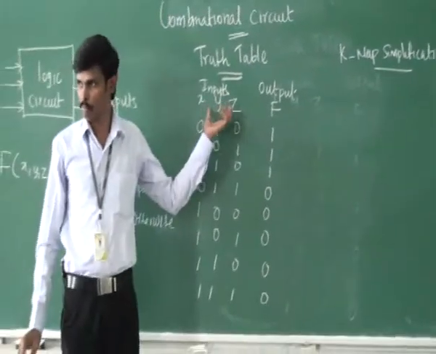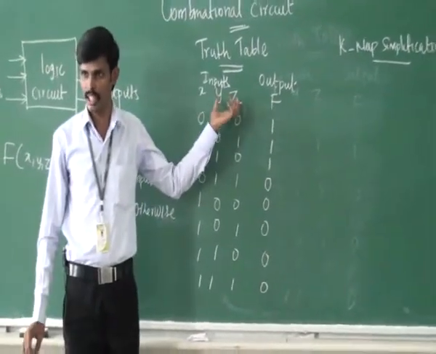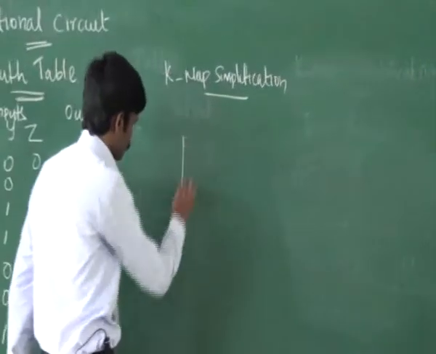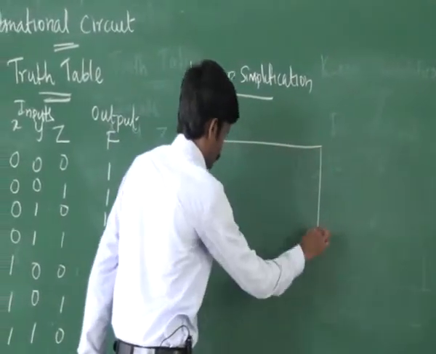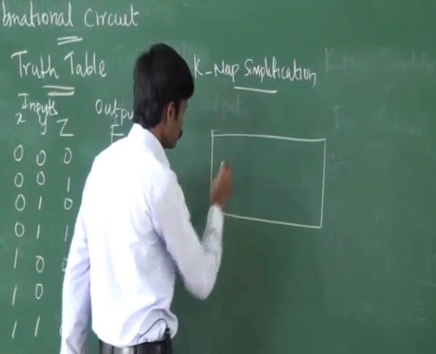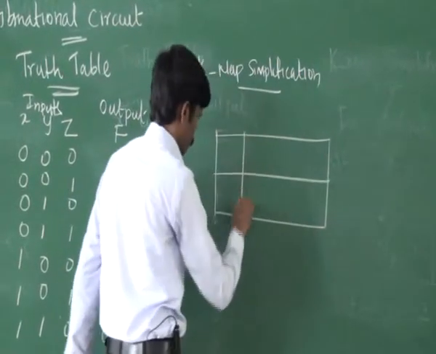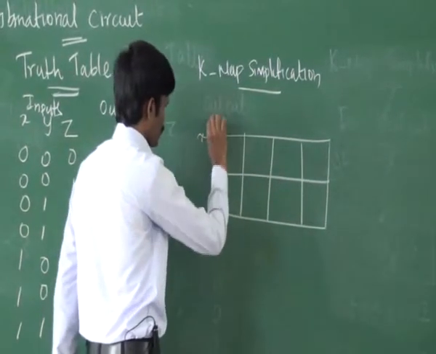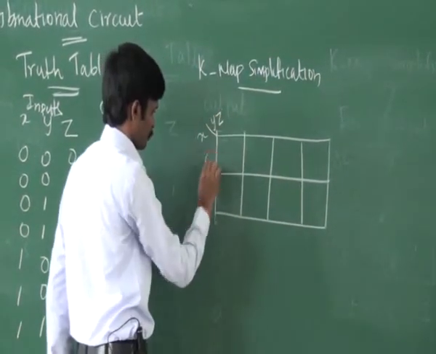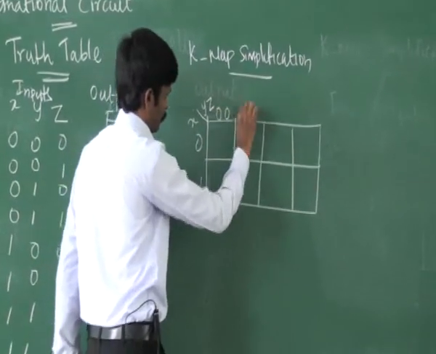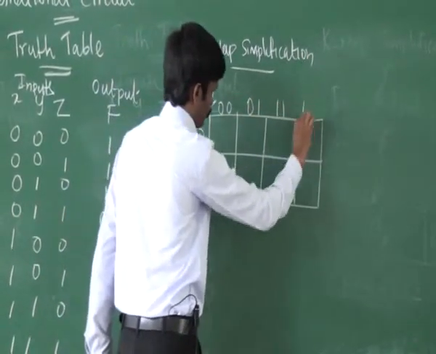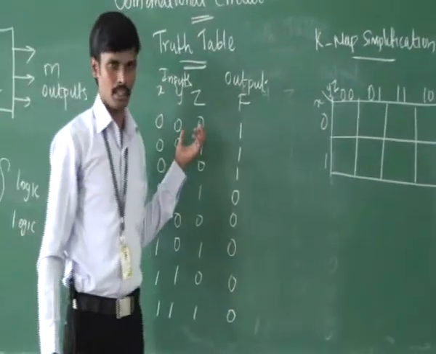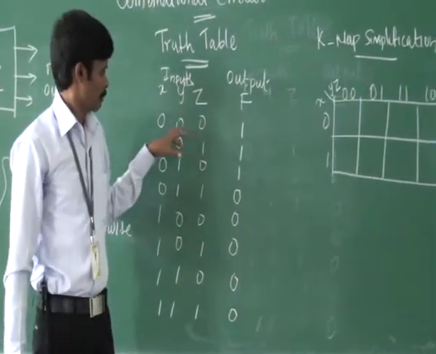Here we have 3 input variables, so we need a 3 variable K-map to find the Boolean expression. X, Y, Z are the input variables, and the K-map consists of 8 squares to represent the minterms.